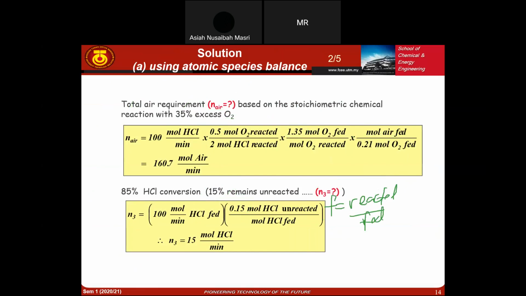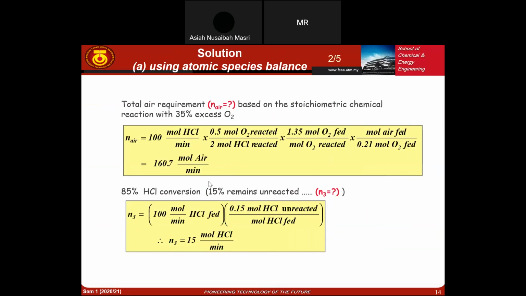That will be 100 feed minus unreacted material, which is N3, over 100, which is the feed, equal to 0.85. This is from the previous slide that I showed, 0.85. Then you can solve for N3. You will still get N3 equal to 15. So now you have solved for air and you have solved for N3.